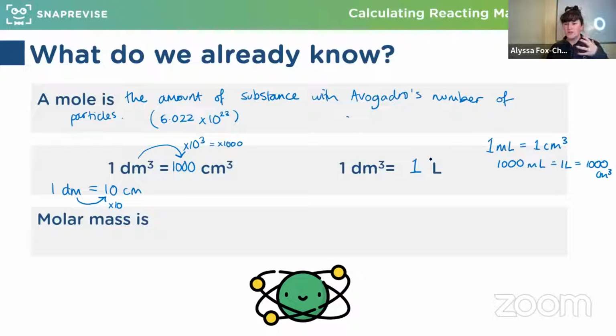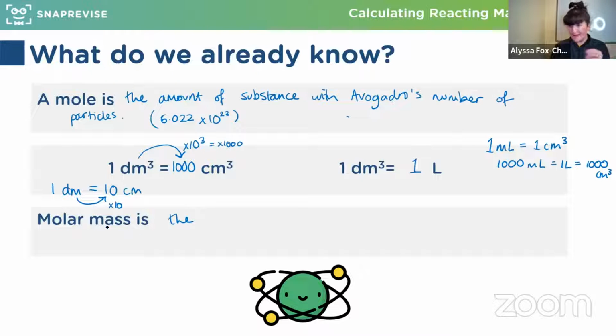Oftentimes, when teachers are teaching, or when we're discussing things in general, we will say relative atomic mass or atomic mass, and actually we mean molar mass. Molar mass is much more of an umbrella term. It means we can use it with anything, because all it is is the mass.